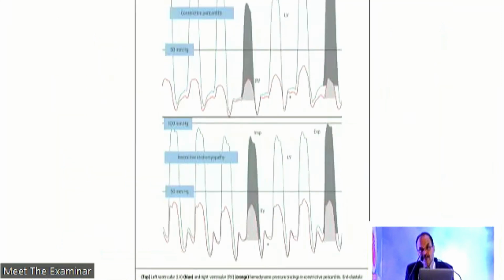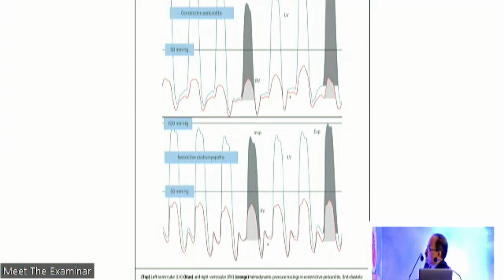Because the heart has been encased, there is also something called ventricular interdependence, which is prominently seen in constrictive pericarditis and less prominently or almost negligible in restrictive cardiomyopathies. So I'd like you to focus on these gray areas.